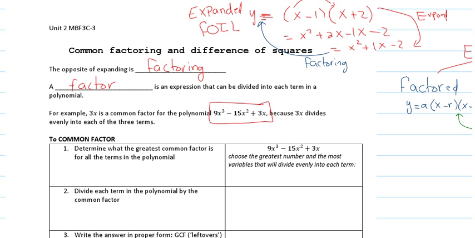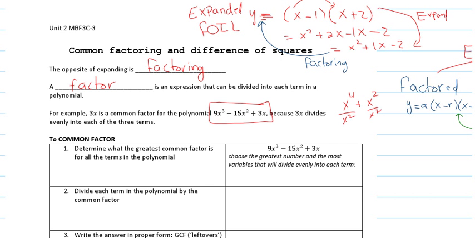If you had, let's say, x to the 4 plus x squared, your common factor would be x squared because the smallest exponent is the 2. So you always look for the letter with the smallest exponent. We know that 3 is a common number and x is the common letter.